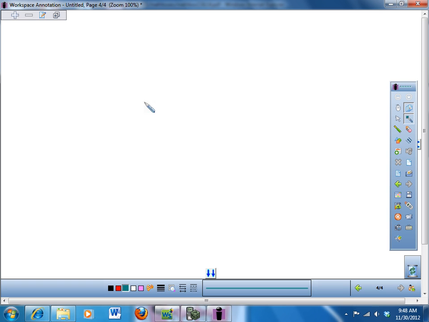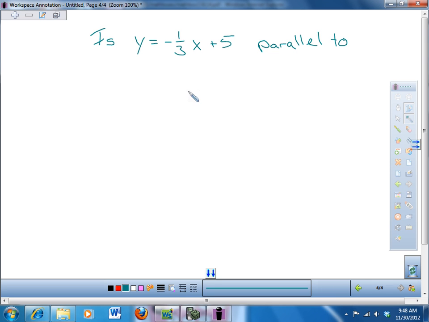Write the equation of y equals negative 1/3 x plus 5 parallel to 2x plus 6y equals 12. And now, big question mark there. Okay? What do you think?